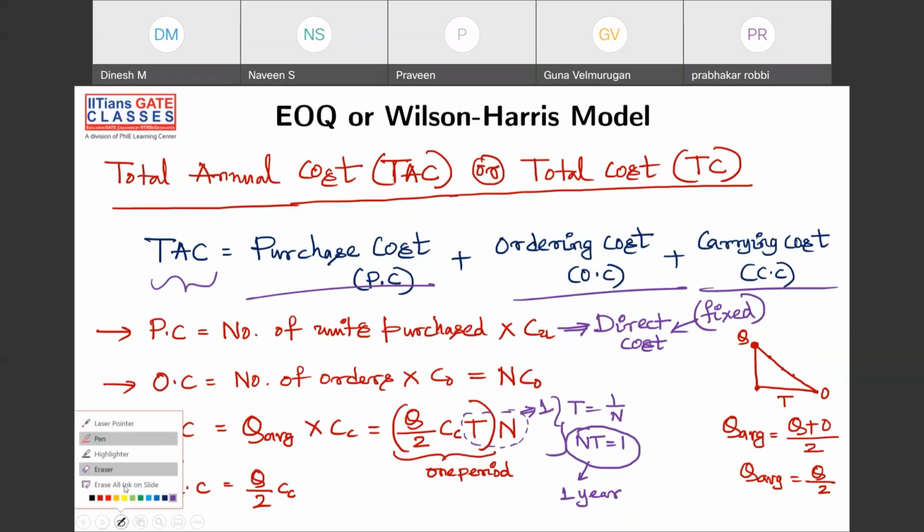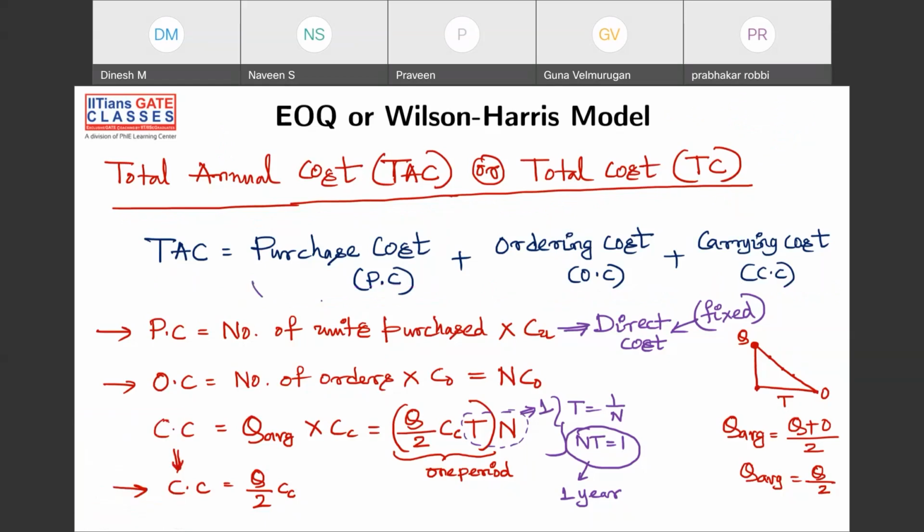Now individually you have to see what each cost is. We have already seen that purchase cost is the number of units purchased times the unit cost, like 12 soaps into 50 rupees. That is a direct, fixed cost. Why is it fixed? Because if you order 100 soaps, the unit cost is not going to change.